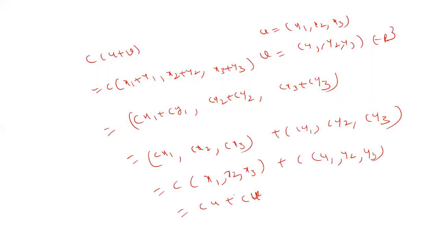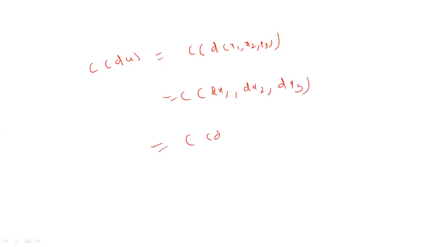Next, one more property. C into (Du). That is C into D into (x1, x2, x3). That is C into (Dx1, Dx2, Dx3). That can be written as (CDx1, CDx2, CDx3). That can be written as CD into (x1, x2, x3).